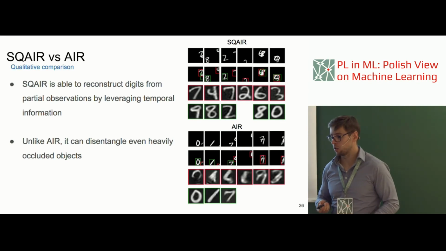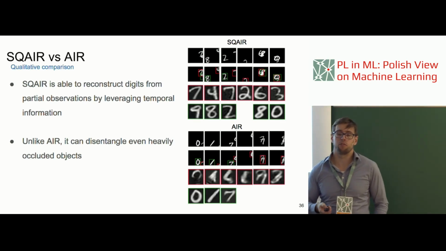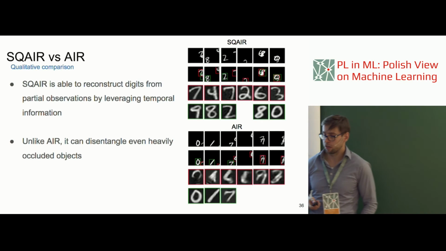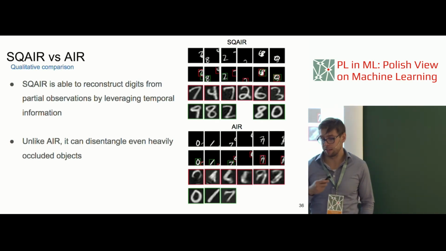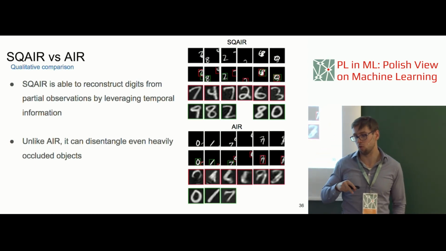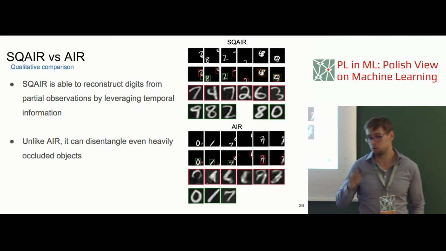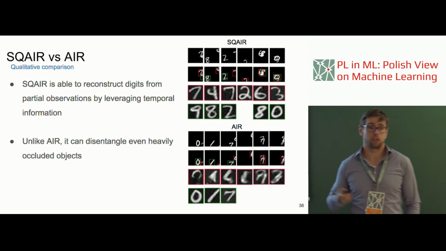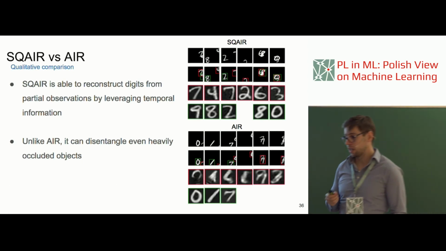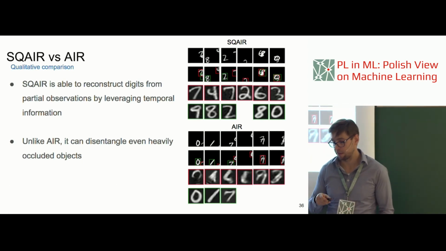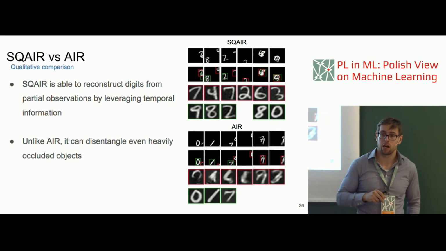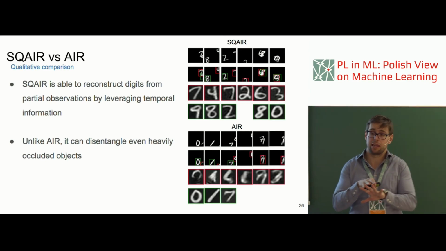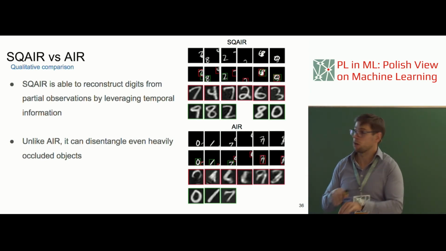So we can compare SQAIR to the previous model, to SOAIR. And for example, if you see here on the left-hand side, the last two rows. On the top of the slide, we see reconstruction of different objects directly, and we see that, for example, on the left-hand side here, even when objects strongly overlap, SQAIR is able to disentangle them and recover the true objects.